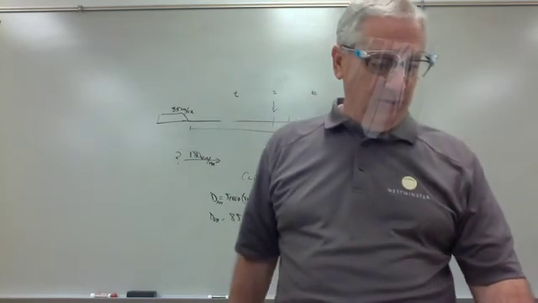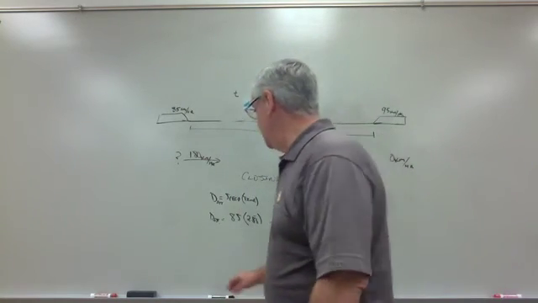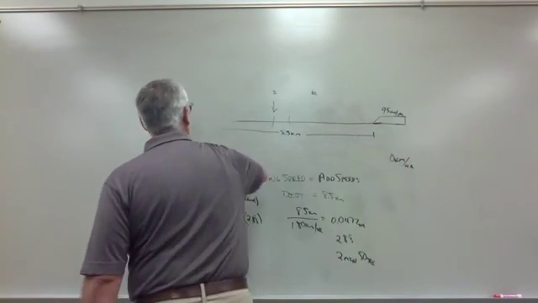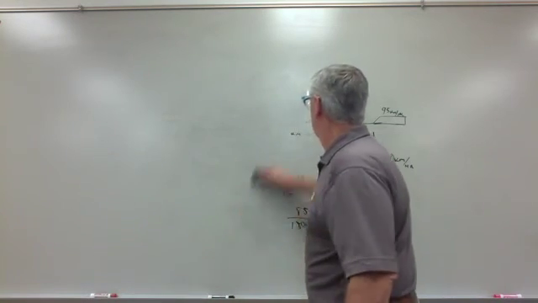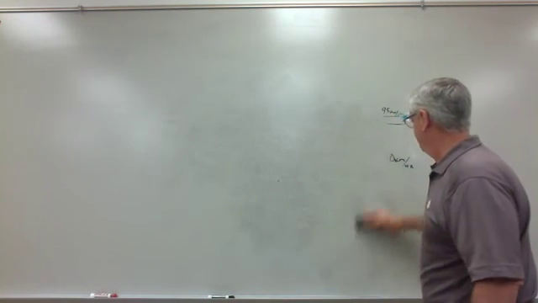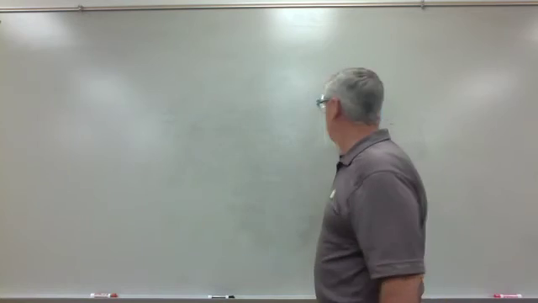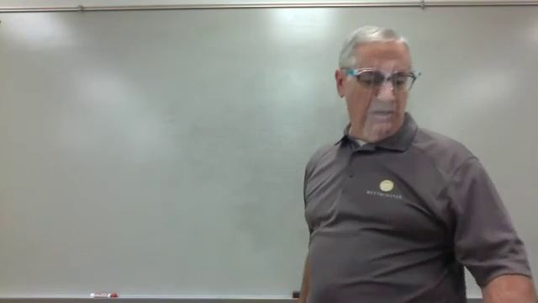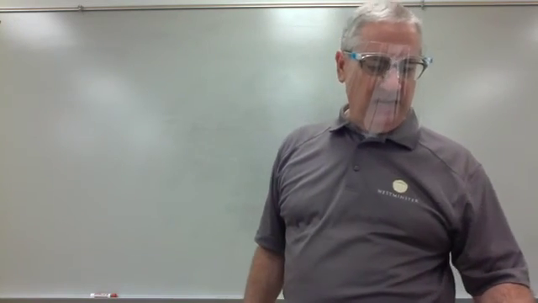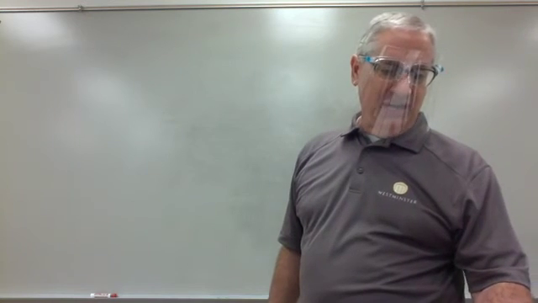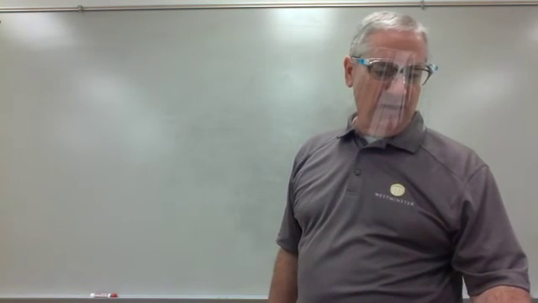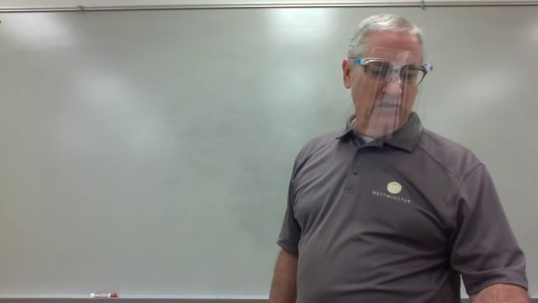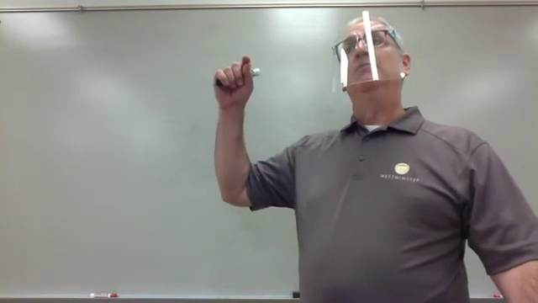Okay, let's take a look at number 13. An airplane travels 3,100 kilometers in a particular length of time. You have 3,100 kilometers at a speed of 790. It encounters a tailwind that boosts it to 990 for the next 2,800 kilometers. What's the total time for the trip? Pretty straightforward.